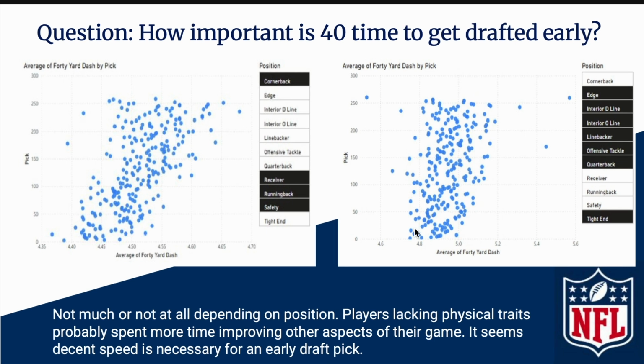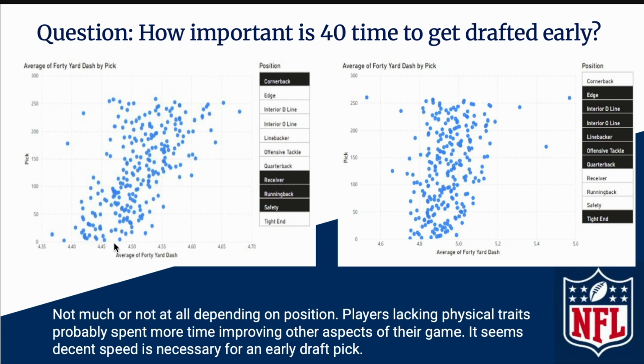So for positions like I have here in this left graph, like cornerback, receiver, running back, safety, you definitely need speed in those positions, and people highlight the importance of getting a good 40 time to show the teams that you're fast enough. So I'm graphing average 40-yard dash time on the x-axis and pick on the y-axis.